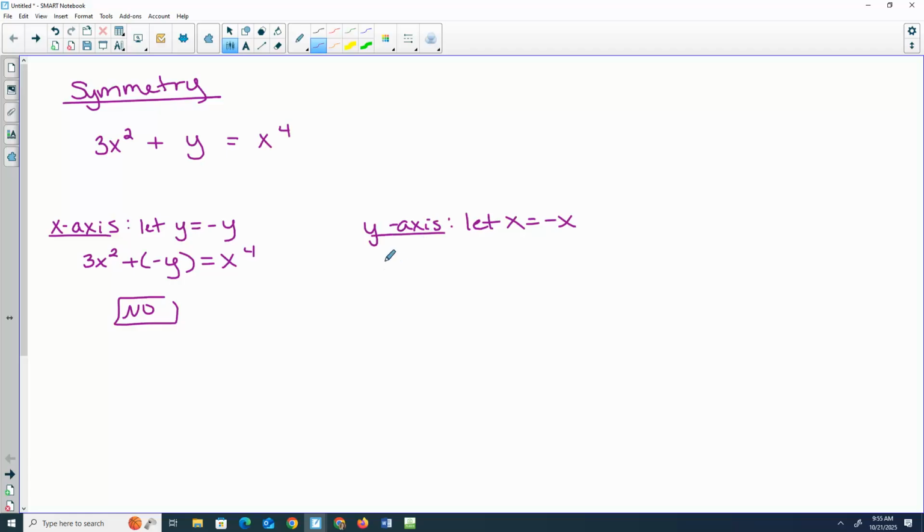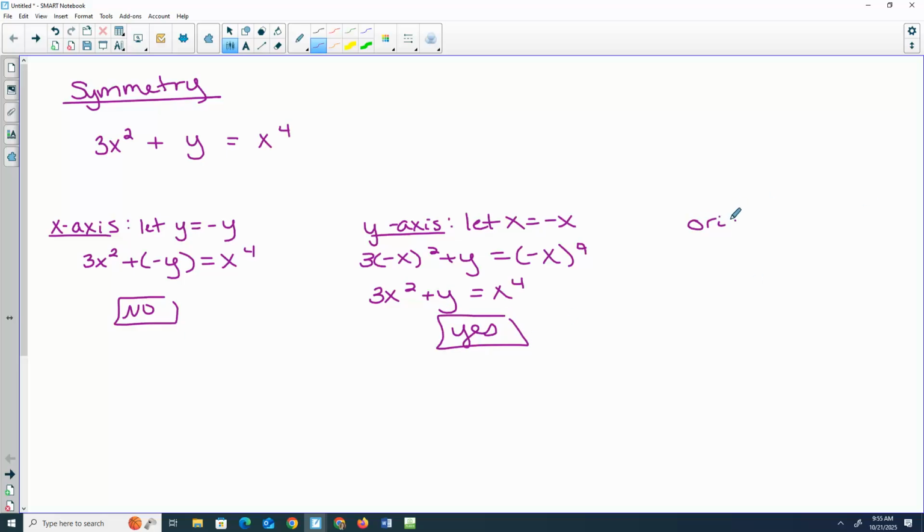Okay. So if I put in a negative x, what happens if you square a negative? What happens if you have a negative to the 4th? So that's back to my original. So that means this graph is symmetric to the y.